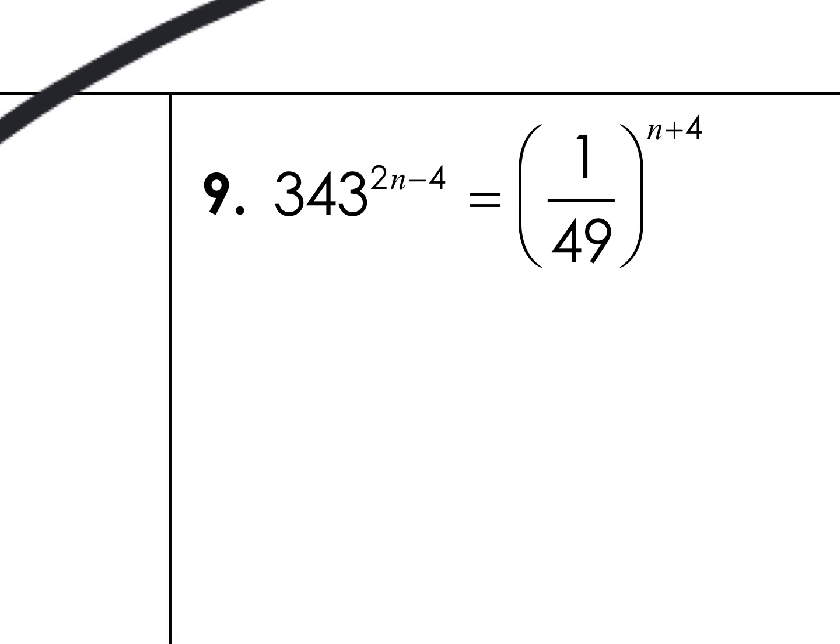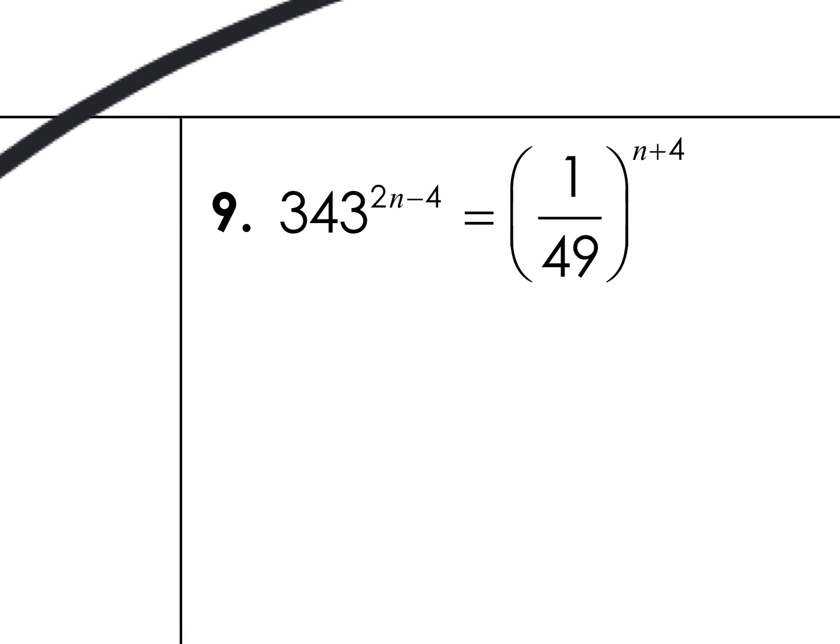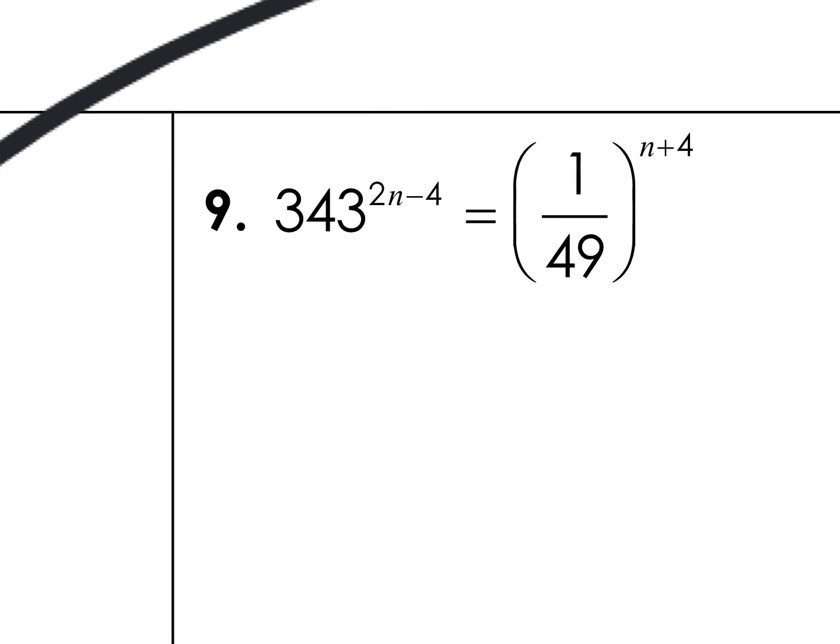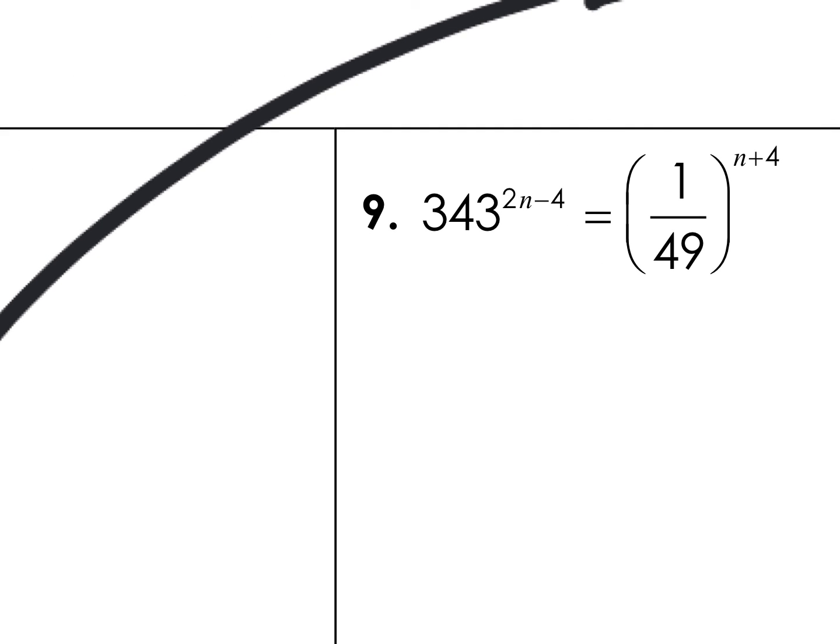So, what goes into 49? What base could you use? 7. Then ask yourself, is it possible that 7s can go into 343? These are all trying to make a common base.